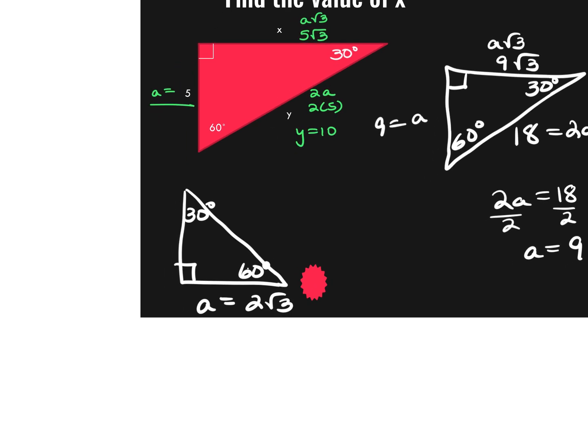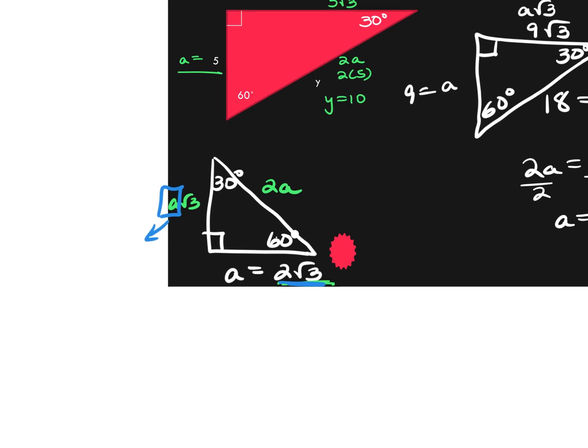So remember over here, this is A square root 3, and this one's supposed to be 2A. So what I need to do is take what A is, this 2 square root 3, and plug it in to the A here.